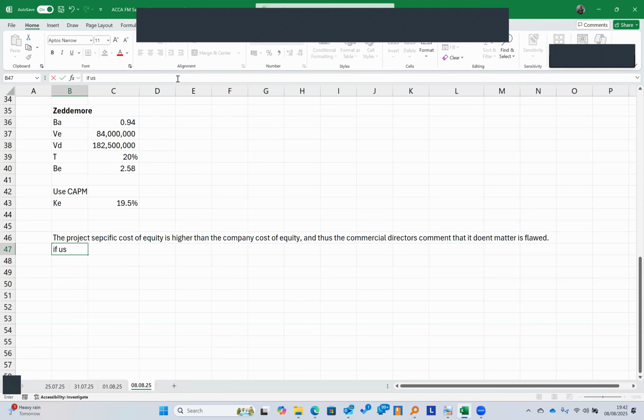If used, because remember it is lower, right? If used, the project may be wrongly accepted, yet it will lead to a negative NPV for the company. So that is the comment that we are making here. Is it clear?